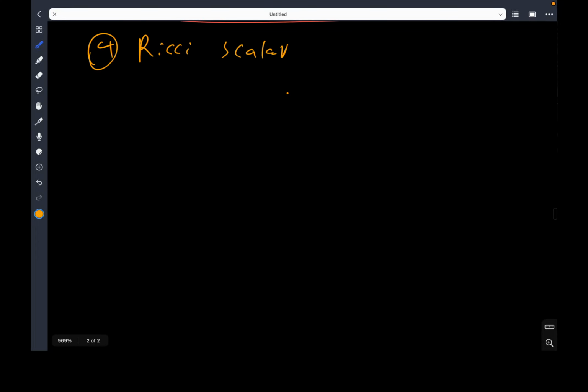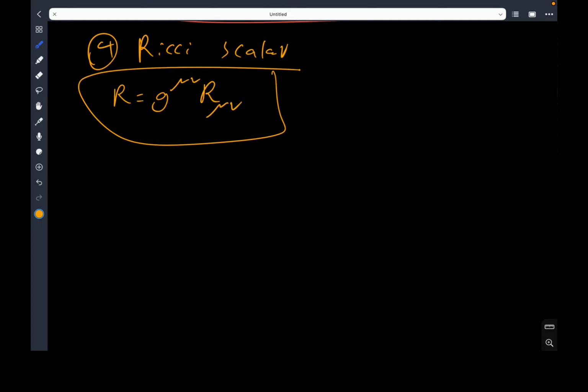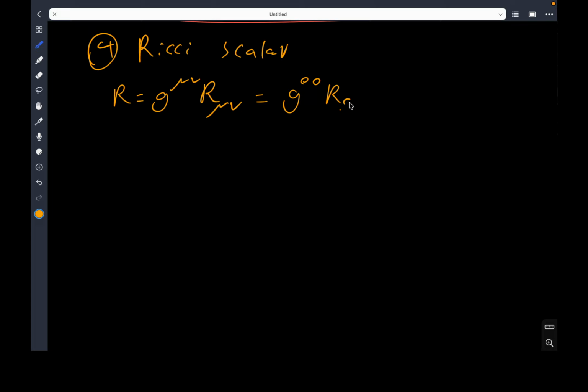The Ricci scalar is defined as R equals g^{mu nu} R_{mu nu}, which is summing the indices of the Ricci tensor with the metric tensor, which in Einstein's notation is g^{00} R_{00} plus and so on until g^{44} R_{44}. So this is in Einstein's summation convention.